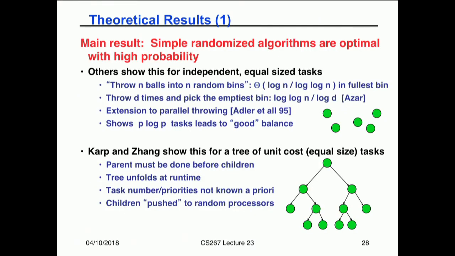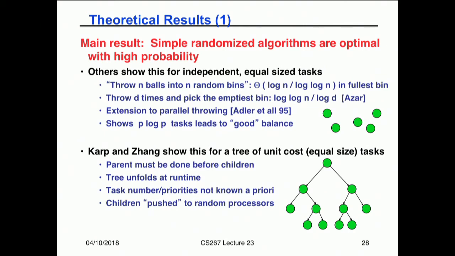Okay, so let me go backwards. Here's how it gets used. There's a paper by Karp and Zhang, which was the original one, that says for a unit cost tree, that is tasks of equal size, where the parents have to be done before the children, and the tree unfolds at runtime, so we don't know the structure of the tree in advance, it could be arbitrarily unbalanced, then simple randomized load balancing is optimal with high probability.